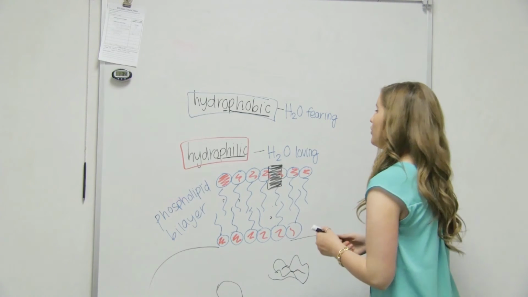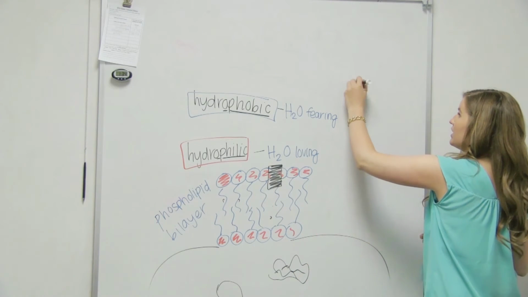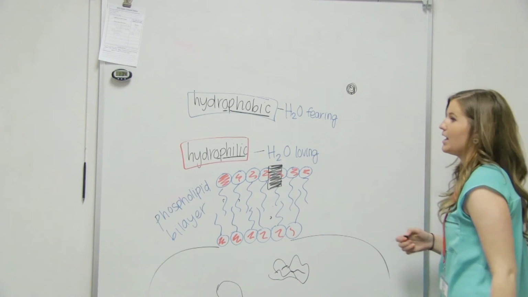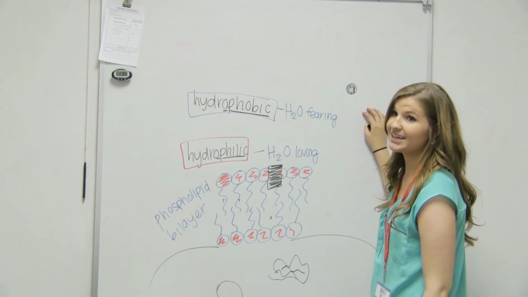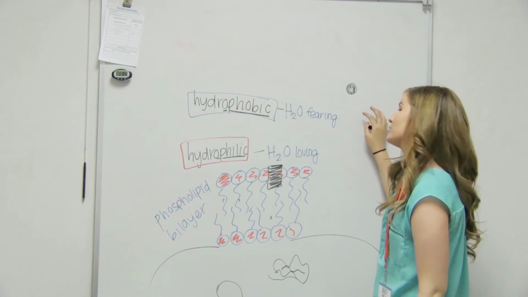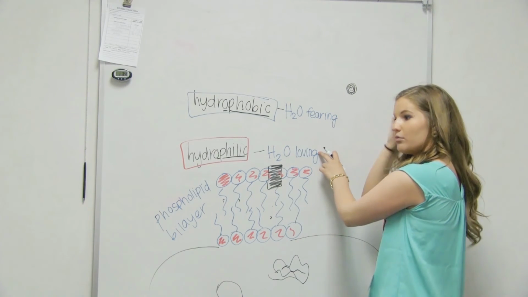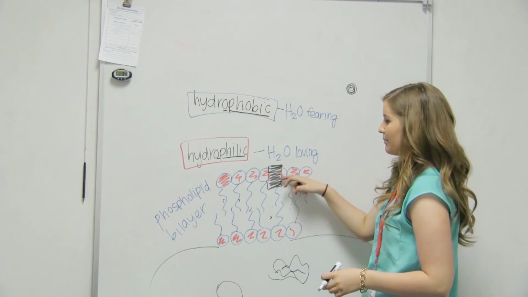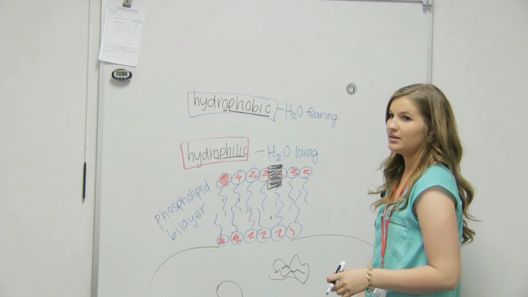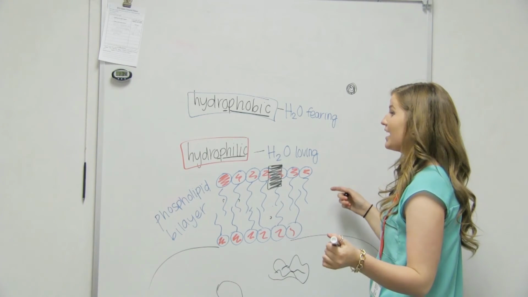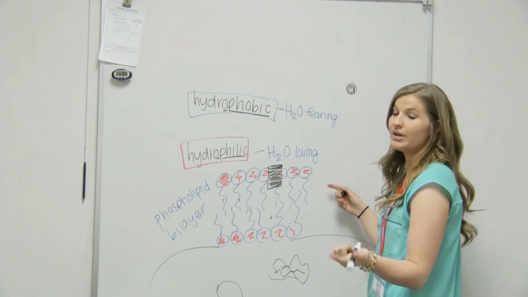So let's say we have a substance over here that is hydrophilic, so it's water loving. Will this let it in? Will it let it pass? No, I don't think so. No, you're right.